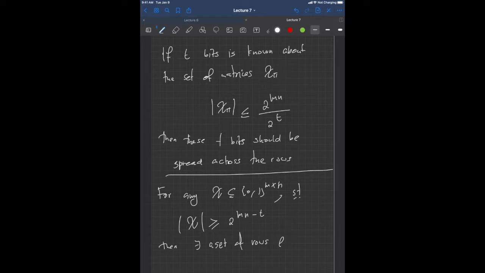Maybe it's better to start over on the next page. I can't complete here.